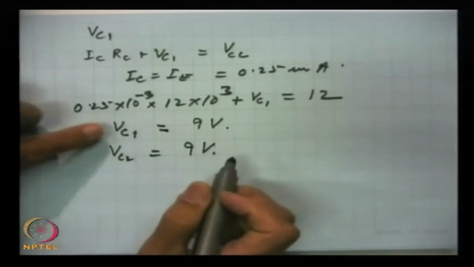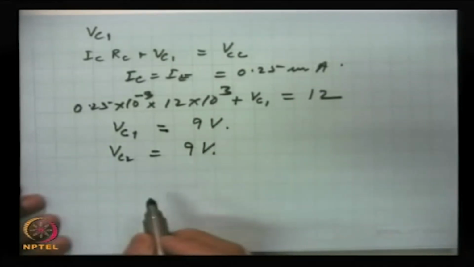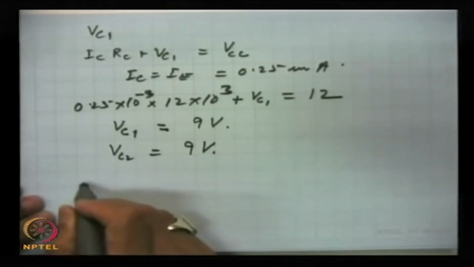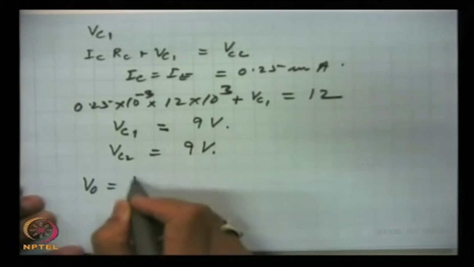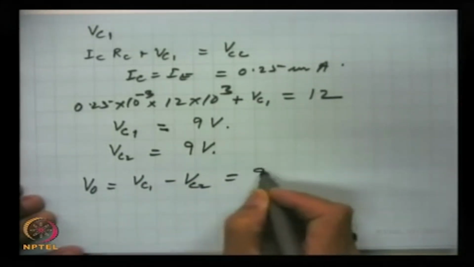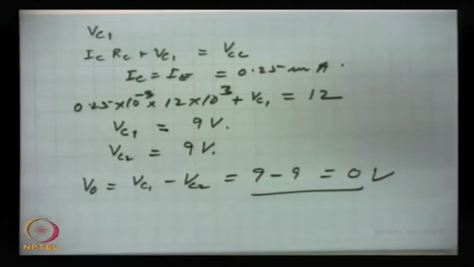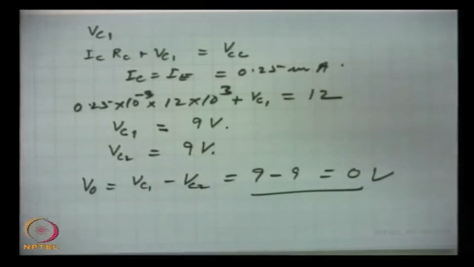So, this is the potential with respect to ground, and between the two, V out is Vc1 minus Vc2, and since both are 9 volts, it is 0. So, as we expect, for no signals or same signals, the output will be 0.